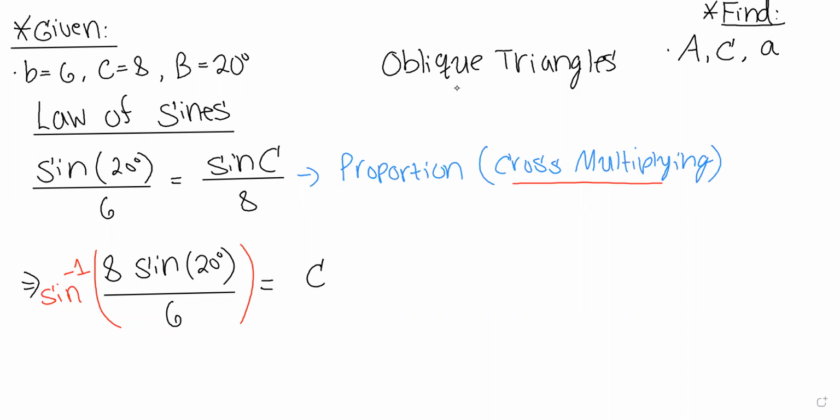Good. Next, this will give you inverse sine of, let's make this a decimal. You could type it in one shot, but I just want to be careful. Sine of 20 times 8 divided by 6. So this fraction is about 0.456.